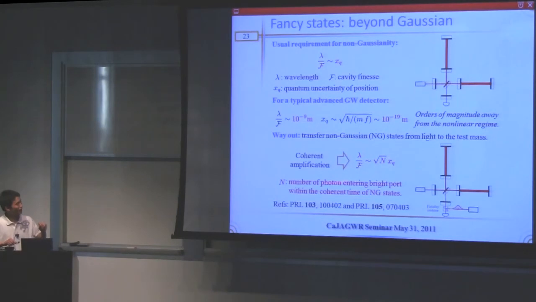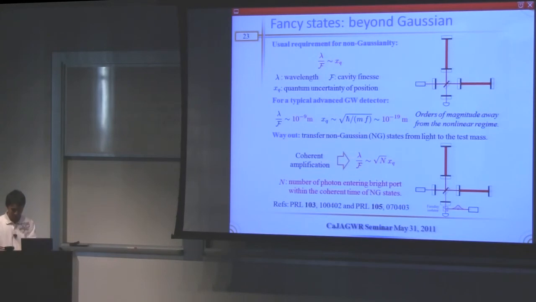This square root n is the number of photons entering the bright port over the coherence length of the non-Gaussian state. Even for 1 millisecond, this can be huge because we have a very strong laser.